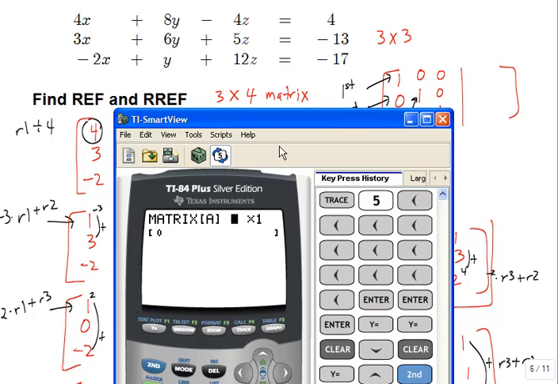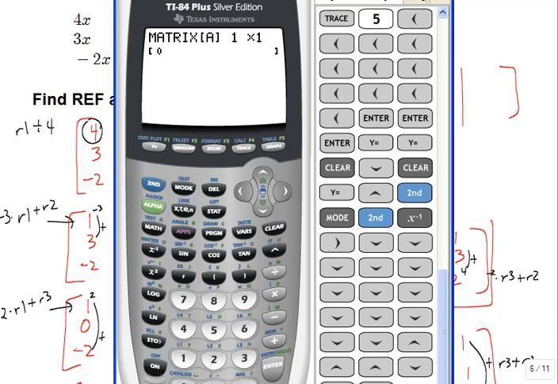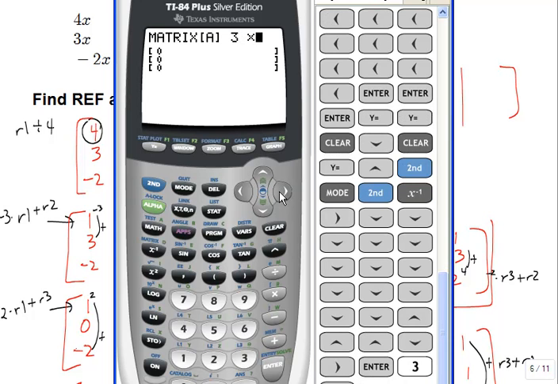So we need to adjust this and make the dimensions, instead of being a 1 by 1, change to 3 by 4. So just type in a 3 where that 1 is, and then click to the right and change that 1 there to a 4. And if you hit enter, it now creates a matrix that has positions for 3 rows and 4 columns.